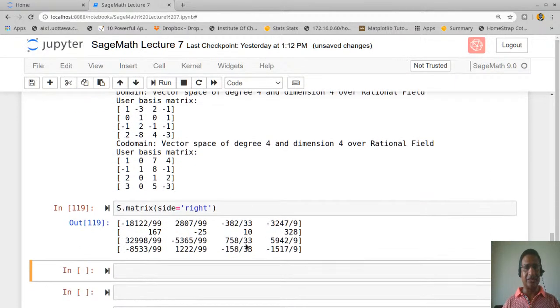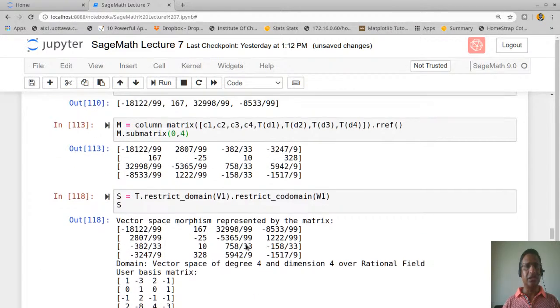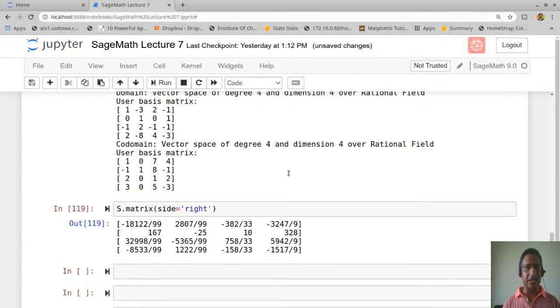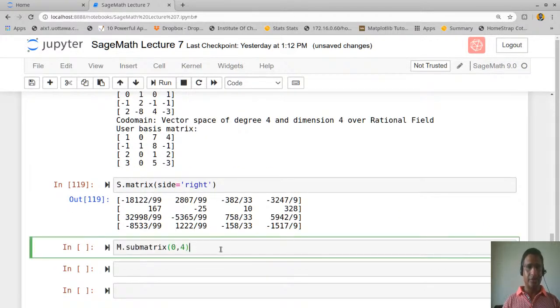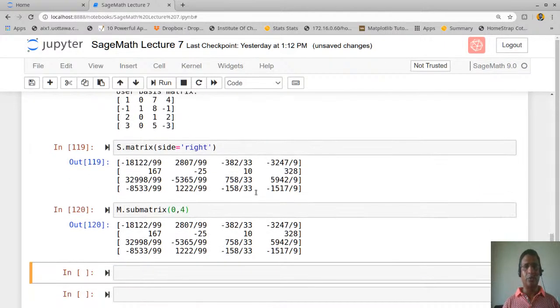So this is the matrix you have got. And what was the earlier one? Let us print both these together. You can see here both these matrices are the same, right? So we can find it using the inbuilt function by restricting the domain and codomain, or we can use Rref. Both ways we will be able to find the matrix of a linear transformation very easily.